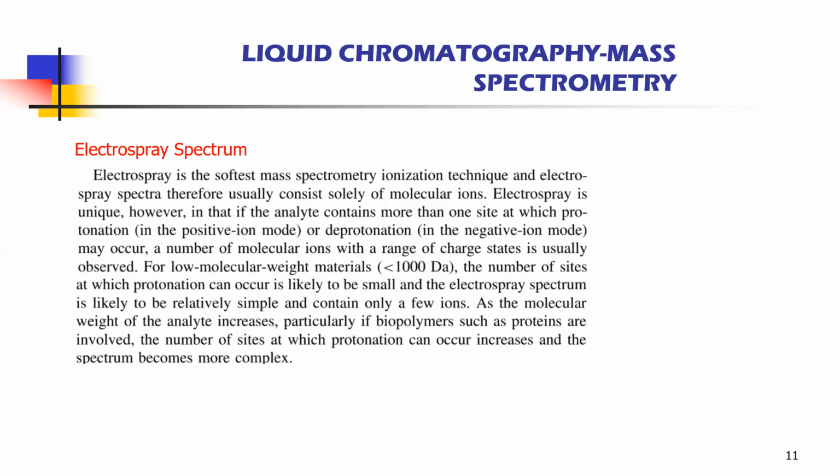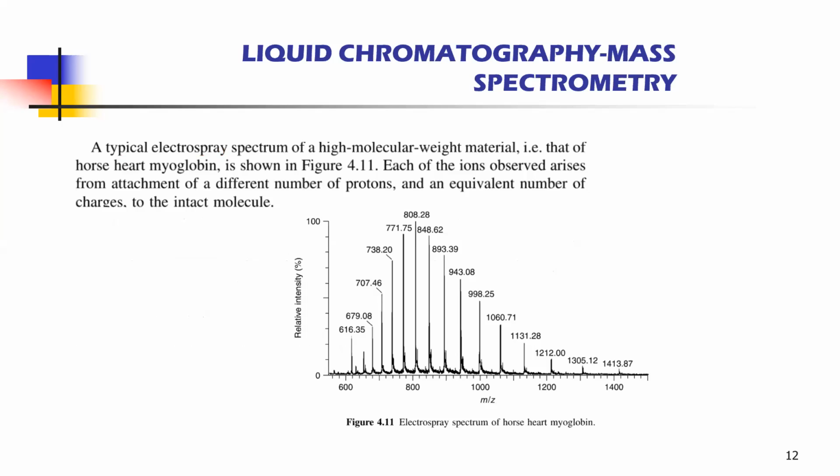A typical electrospray spectrum recorded for horse heart myoglobin is shown in this figure. Each of the ions observed arises from attachment of a different number of protons and an equivalent number of charges to the intact molecule.